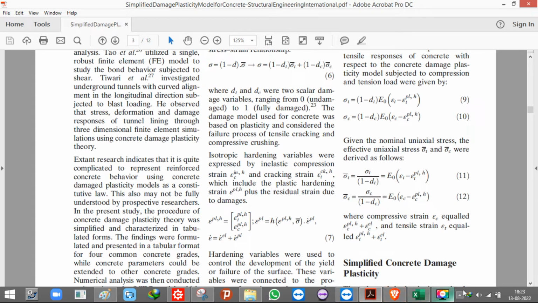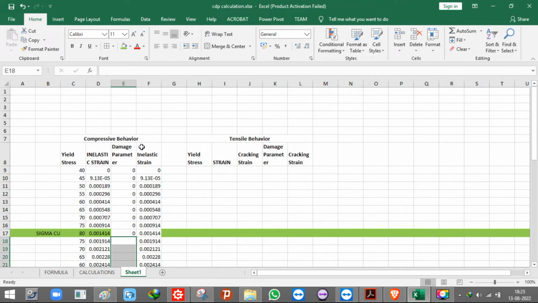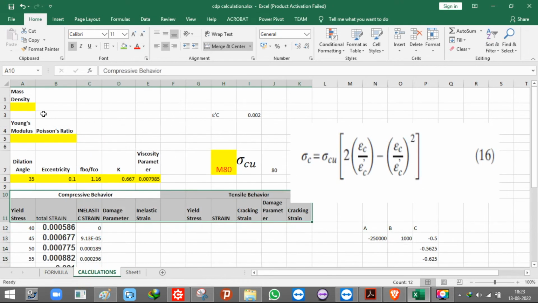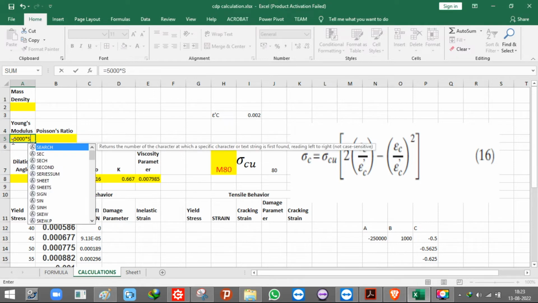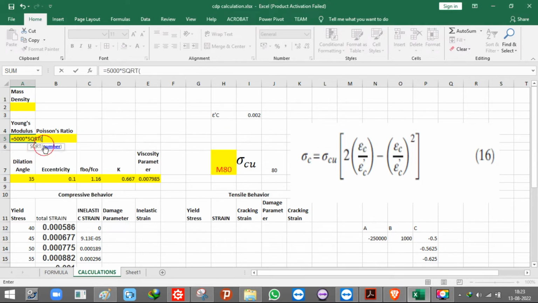So epsilon naught, see, our IS code, IS 456 2000 says that E naught is 5000 under root fck. So you can use Young's modulus as 5000 square root fck. fck is my 80.